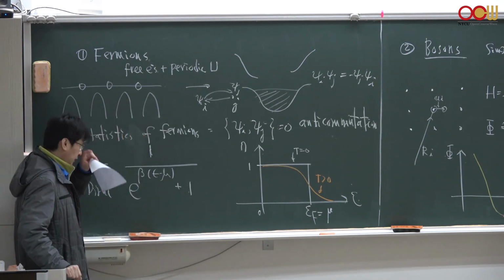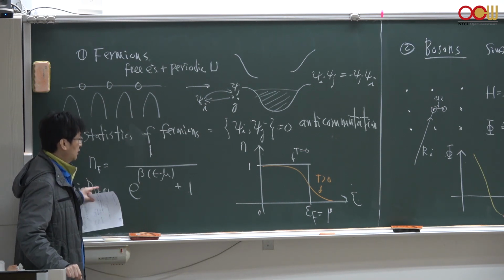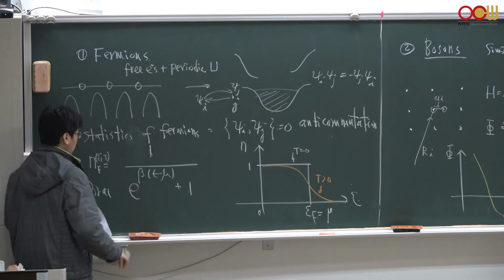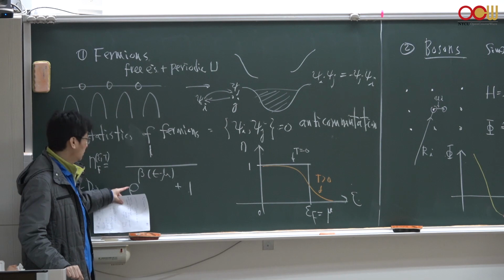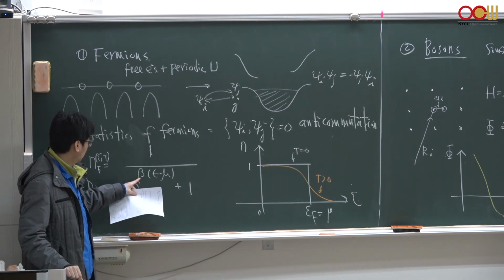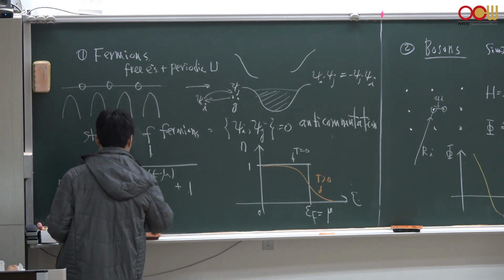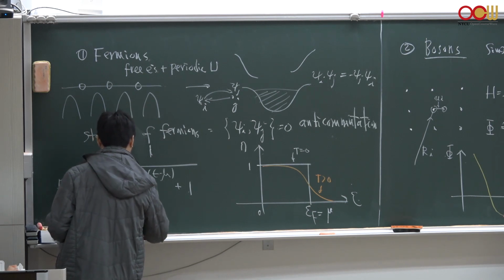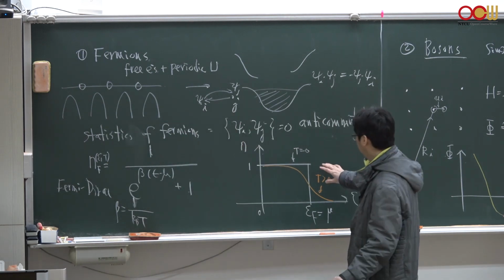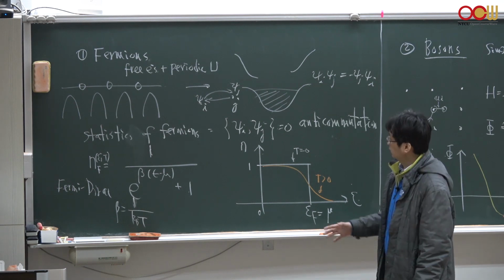In particular, the occupation for fermions can be observed as a function of energy and temperature following this statistical probability, that is 1 over e to the power of beta times epsilon minus mu plus 1, where beta is defined as the inverse of kB T, where T is temperature. I believe everybody should be familiar with this Fermi-Dirac statistics, which describes physical electrons or other fermions.